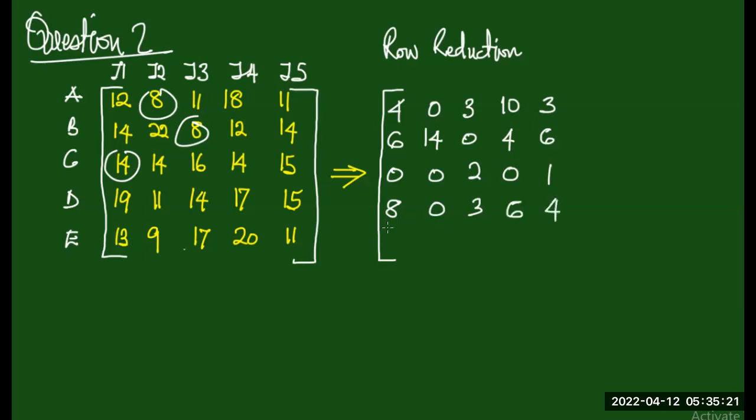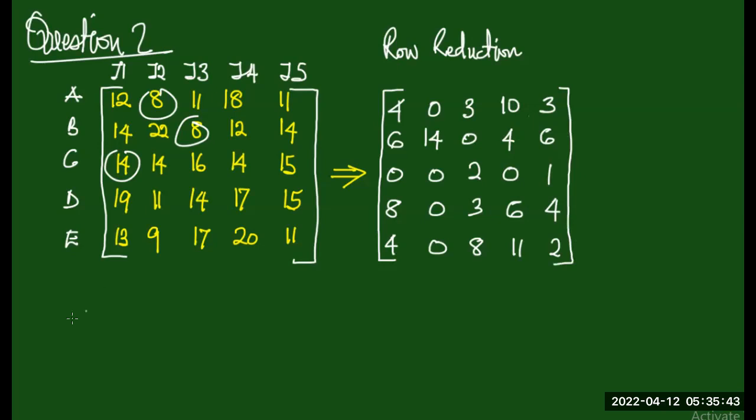The least is 9. 13 minus 9, 4. 9 minus 9, 0. 17 minus 9, 8. 20 minus 9, 11. 11 minus 9, 2.